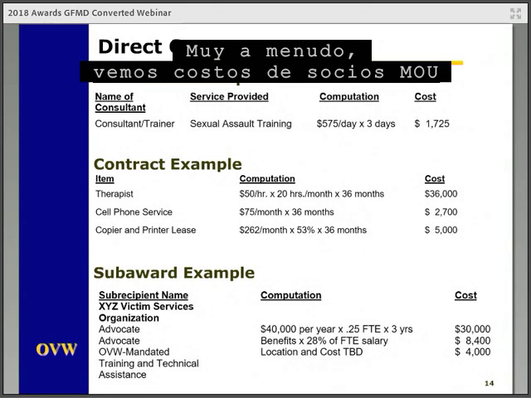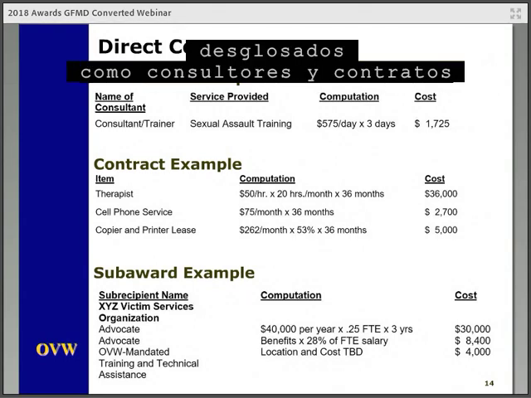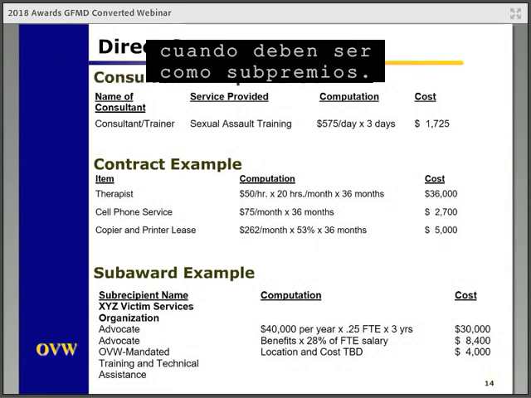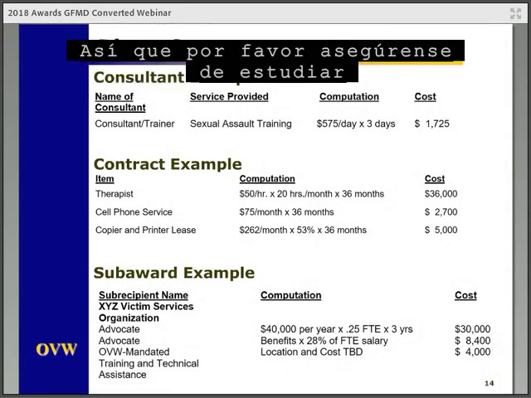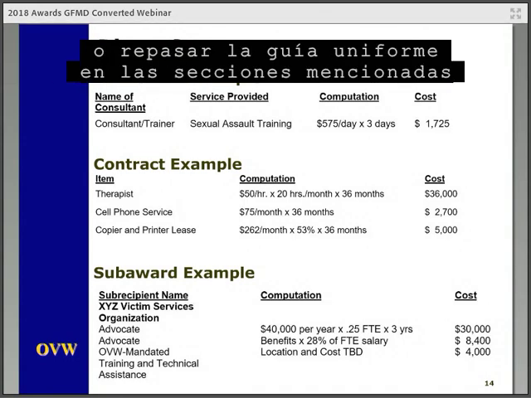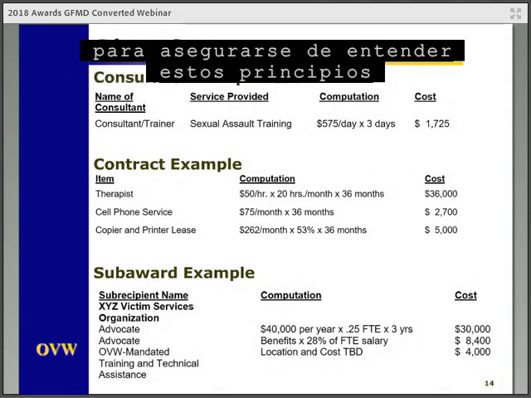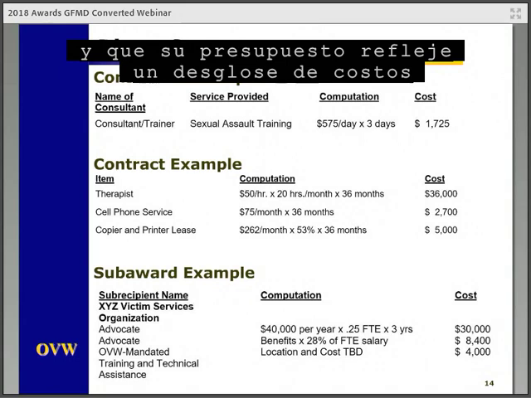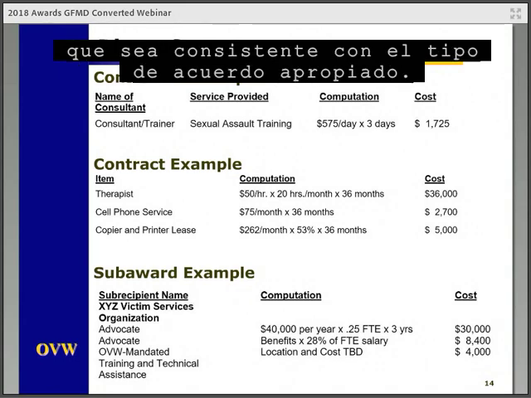Far too often do we see MOU partner costs broken down like consultants and contracts, when in fact it should be a subaward. So please make sure to go through this section of the training as many times as you need to, or review the uniform guidance in the sections that I referenced to make sure you have an understanding of these principles and your budget reflects a breakdown of costs consistent with the appropriate agreement type.